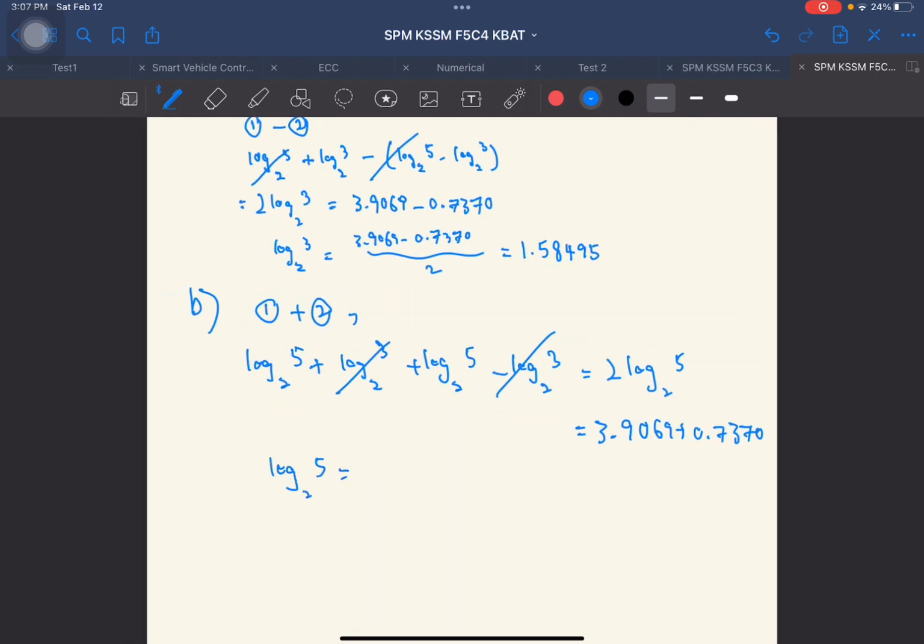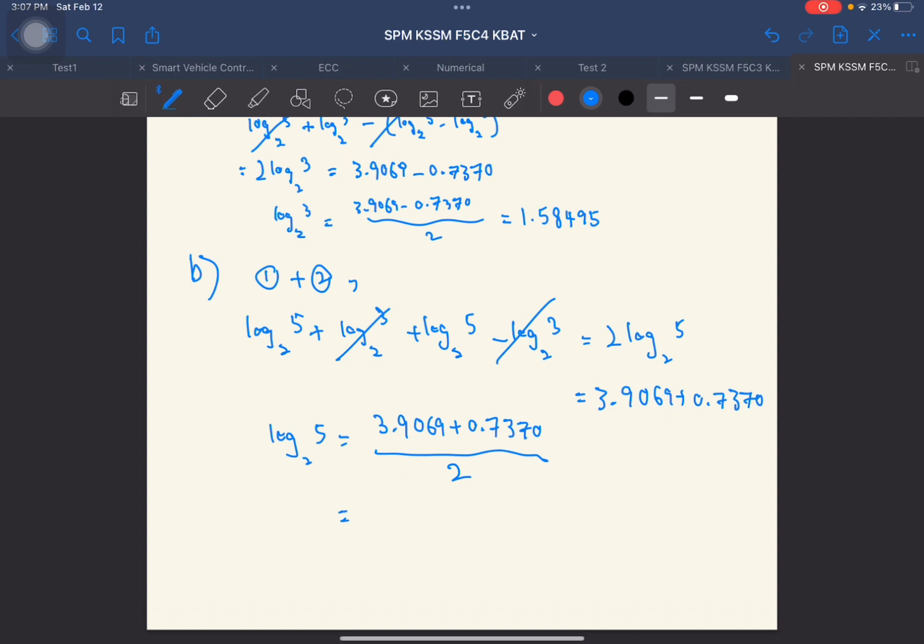5 equals to, why are we doing all this plus and minus and divide, other than just using the calculator, make it log 10 and calculate it? It is because the question doesn't allow us to strictly compound all this into the values.